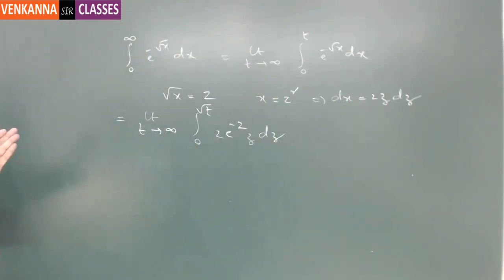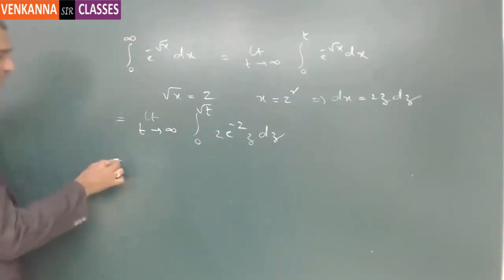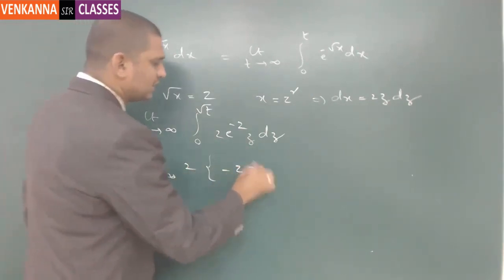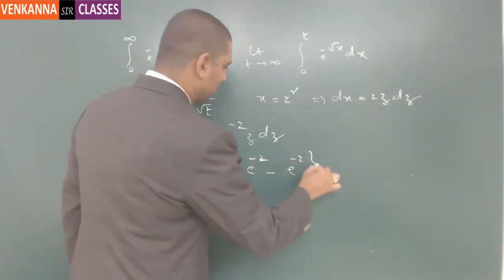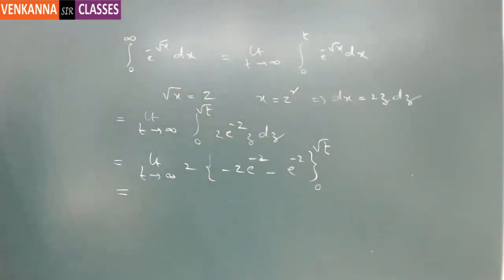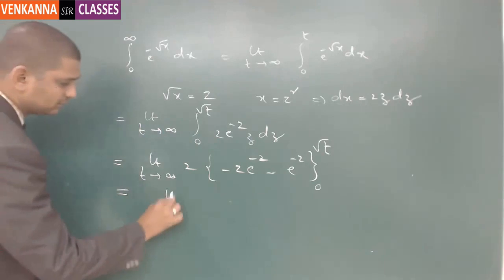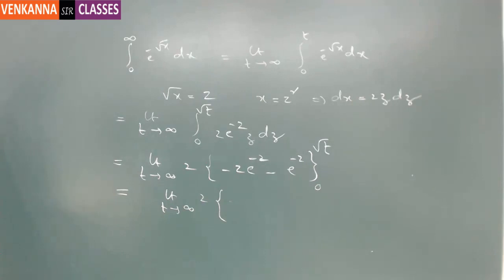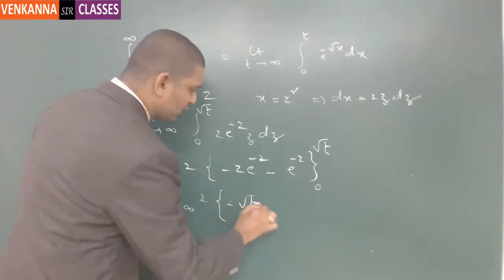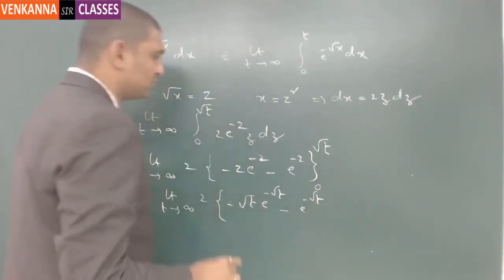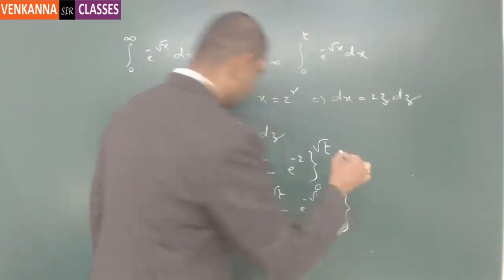And you have the value for z into e power minus z, the integration value: limit t tends to infinity, 2 into minus z e power minus z minus e power minus z between the limits 0 to root t. Now you can apply the limit parts there. So this equals limit t tends to infinity, 2 into, you substitute the upper limit as well as the lower limit: minus root t e power minus root t minus e power minus root t, and if you substitute 0, minus 1.